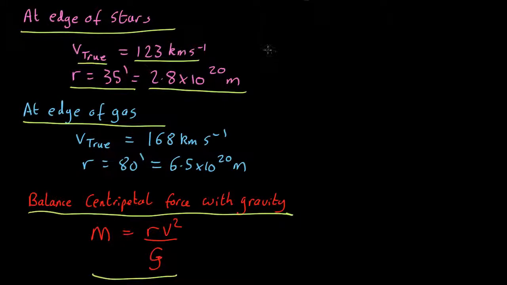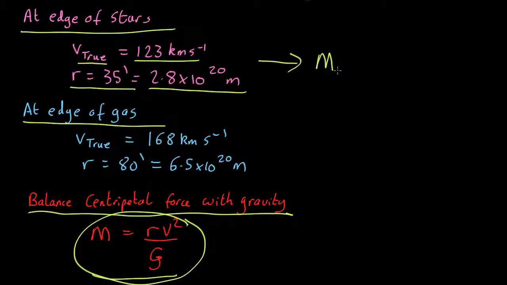So all we have to do is plug these numbers into this equation, and we find here that the mass of the central 35 arc minutes, so that's the region containing stars, comes out as about 3.2 by 10 to the 10 solar masses.